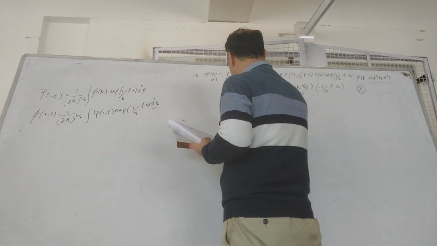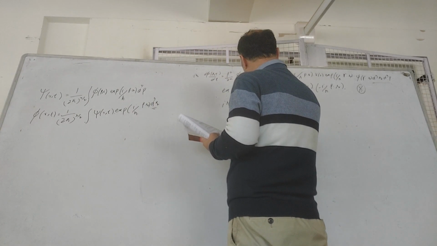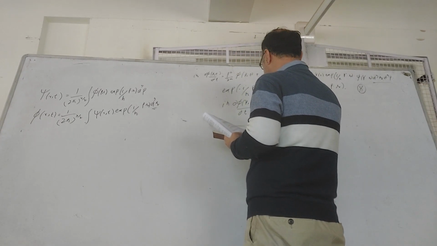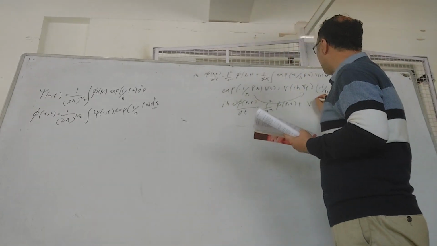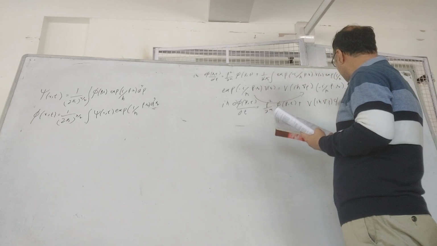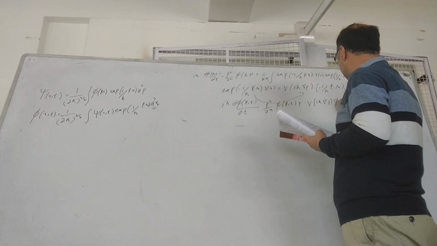It will come out to be like this: p square by 2m phi of p,t plus v of phi of p,t. ठीक है?